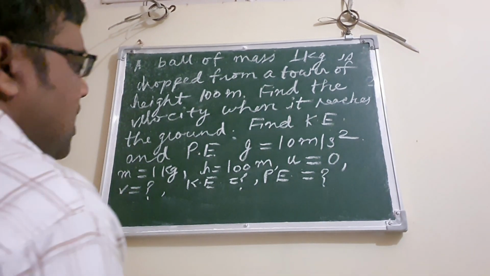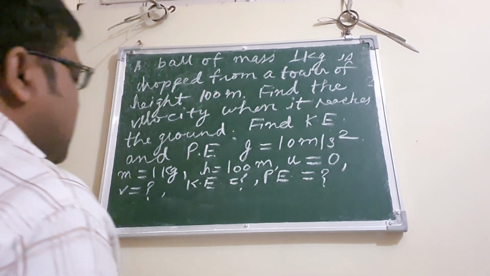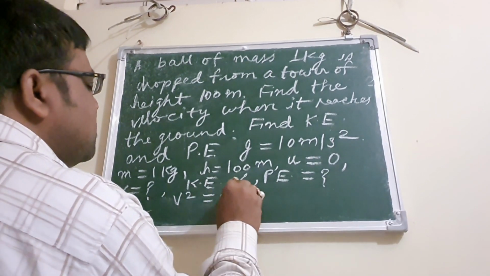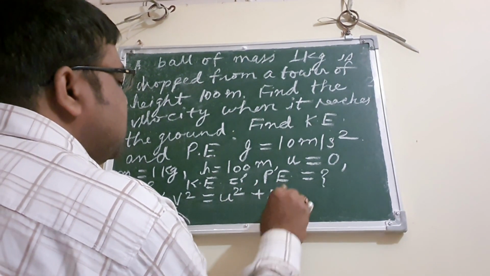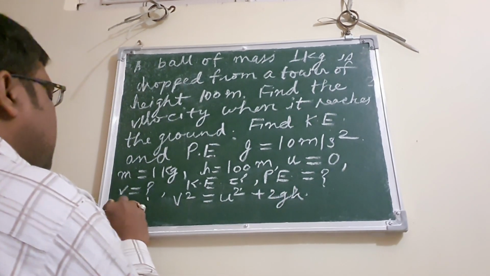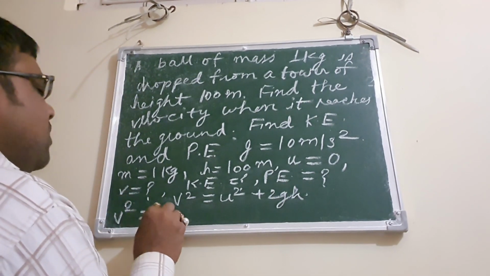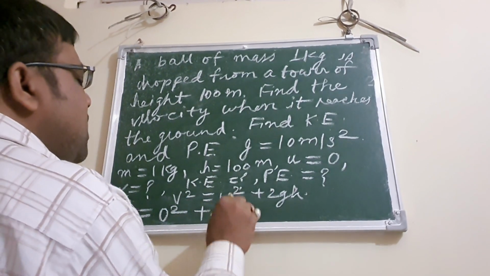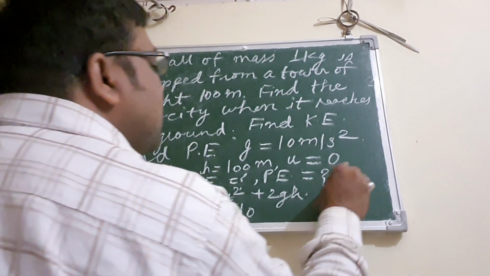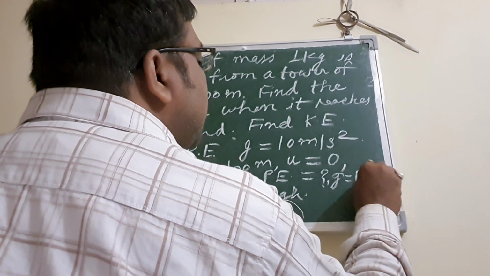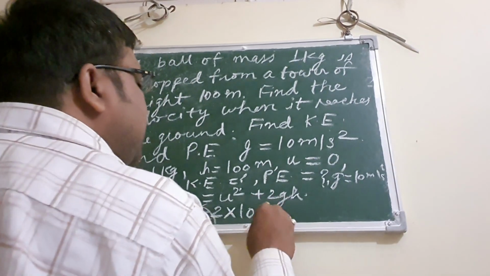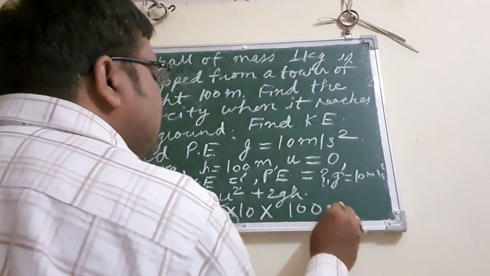Applying the third equation of motion, v square equal to u square plus 2gh. Substituting the values, v square equal to initial velocity 0, 0 square, plus 2 into gravity, which is 10 meter per second square, into height, that is 100.